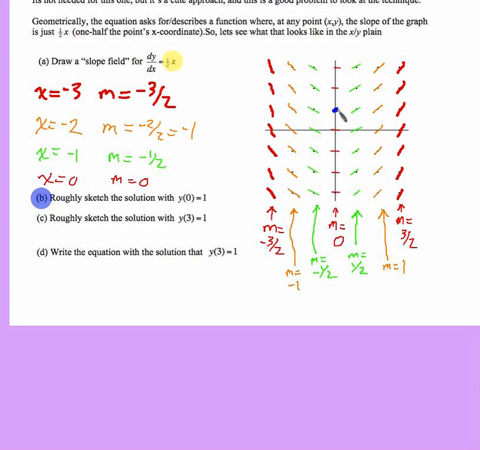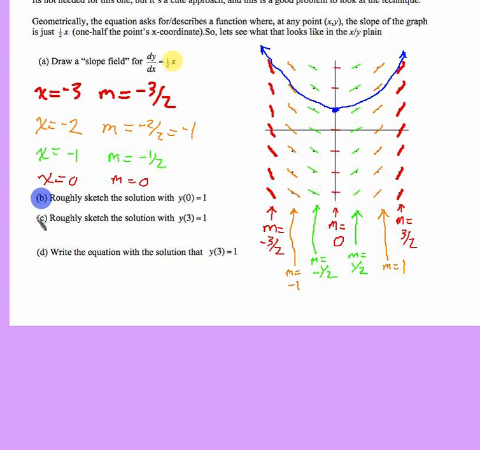And if I can do this kind of smoothly, then we get something that looks like that. And then on the other side, it's going to be symmetrical and do sort of the same thing like that. Clearly a parabola. My drawing is not as clear as it could be, but you get the idea.